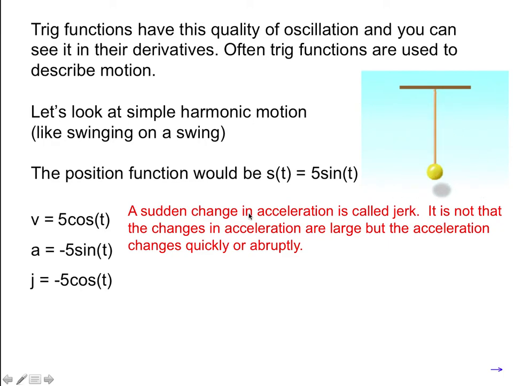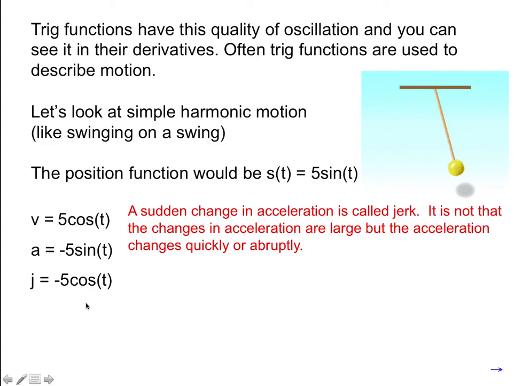So let's say then you get to the end of that on-ramp, and so you're really accelerating because you got your accelerator pushed down to the floor. But let's say you get to the end of the on-ramp and you got to slam on your brakes because you are getting on the highway and it's rush hour and everybody's at a standstill. So the slamming on of your brakes is the jerk. So the idea is you slam on the brakes and you no longer feel yourself being pushed into the car anymore.